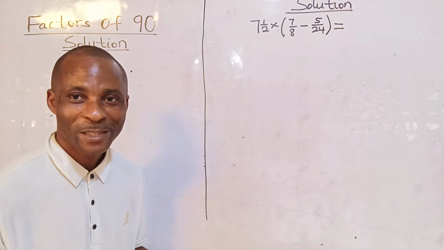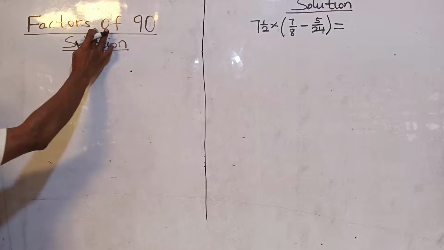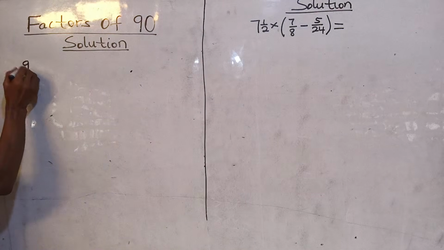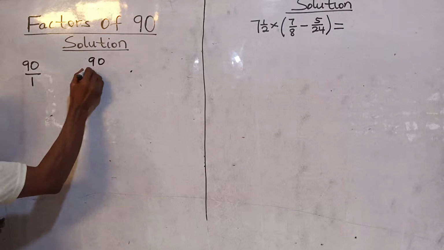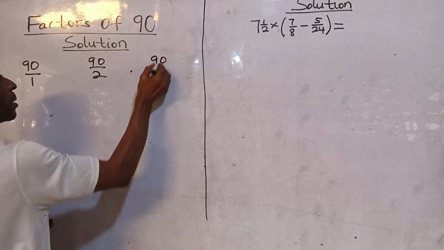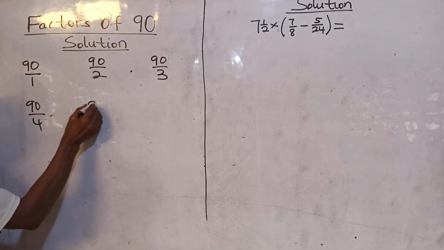Let's find the factors of 90 together. To find the factors of 90, divide 90 by 1, 90 by 2, 90 by 3, 90 by 4.